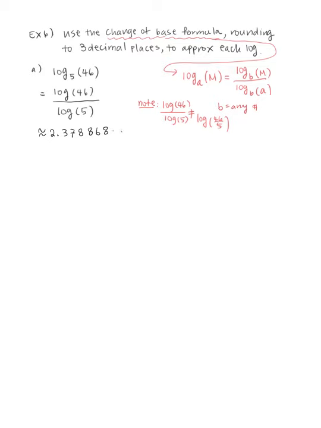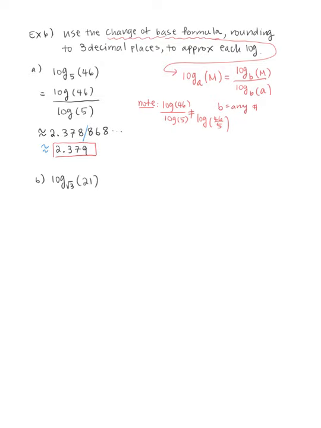This is good enough, and since the question says rounding to 3 decimal places, I'm going to round it off here, and this is approximately 2.379. So that will be our answer. Now make sure that you are in radian mode, not degree mode, if you have a graphing calculator. If you're in degree mode, it will give you a completely different value. So make sure that you are in radian mode.